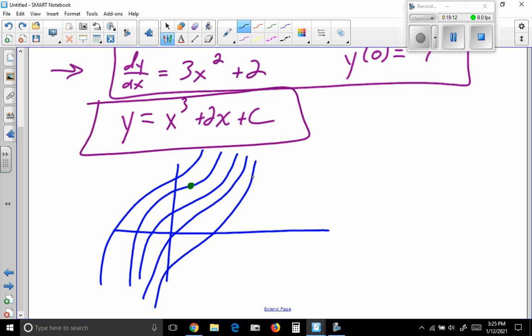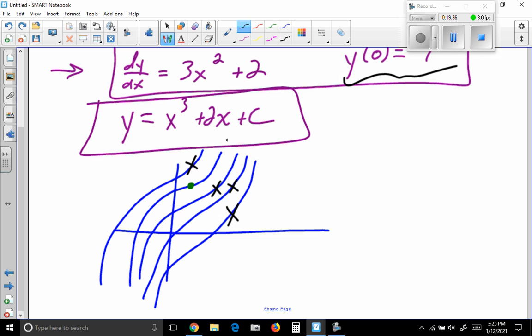So all of these curves might have a y equals x cubed component to them, but they would be different based on their vertical shift. So we would want to know which specific one applies to our initial value. So there's a unique one. This one does it, this one does it, this one does it, this one does it.